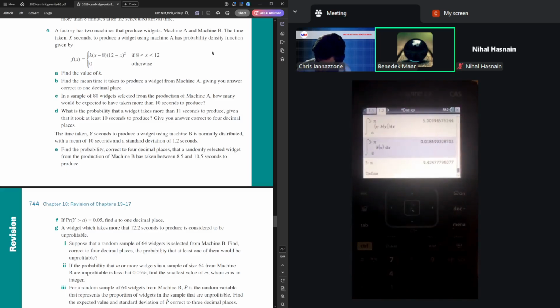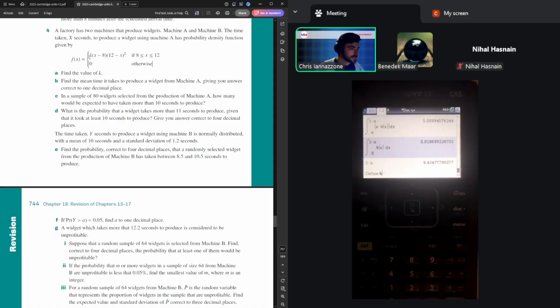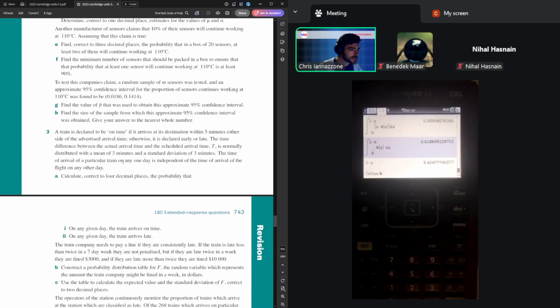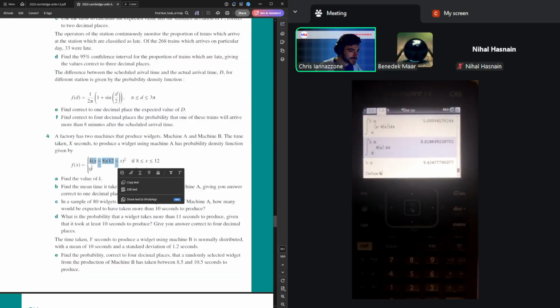I don't understand why there's a 0 in the function f of x. Yeah, so as a piecewise, they tend to do this. It's really unnecessary. A lot of the time in continuous they say, here's the function and then it's 0 everywhere else.